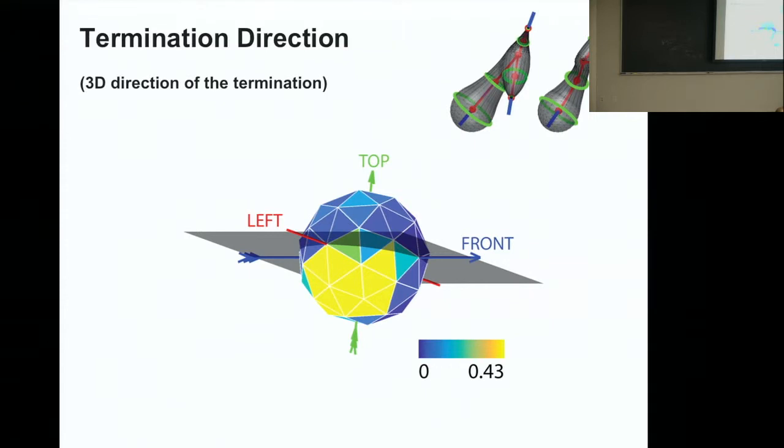And then this is a polar plot that represents termination direction. So now instead of position relative to center of mass, different points along this sphere represent the direction in which a termination was terminating. And again, top is up here. Now front is here, left is here, right is here. And this peak corresponds to the bottom left of the entire sphere of possible termination directions, and you can see that that's the direction in which these high response stimuli have terminations pointing.